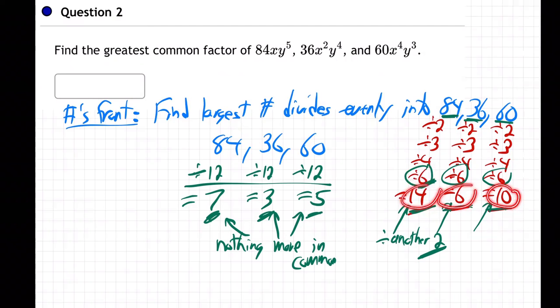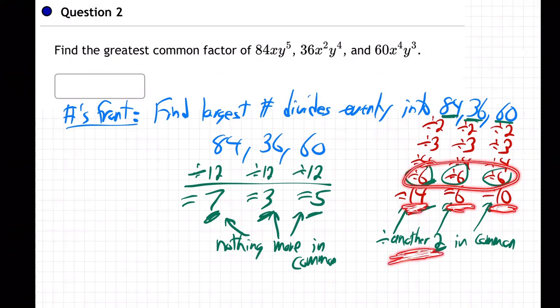And notice they have another 2 in common. I'm not done. I know 6 is not the most they have in common. Why? Because after I took a 6 out of all 3 of them, what they had left over still had more in common. In fact, 2 goes into 14, 6, and 10. So that I can divide them by another 2.